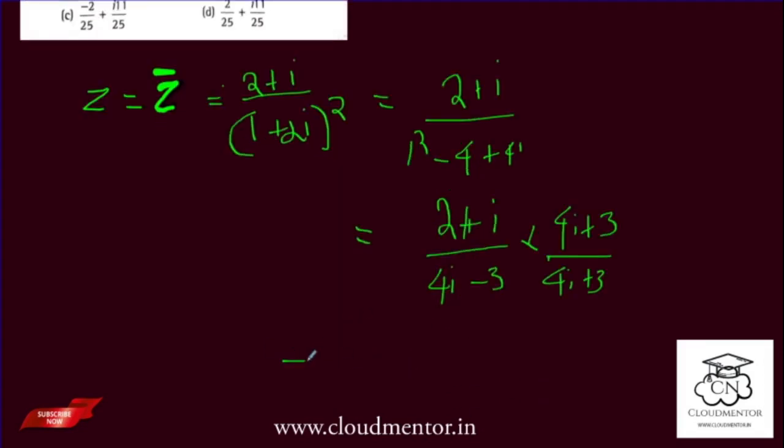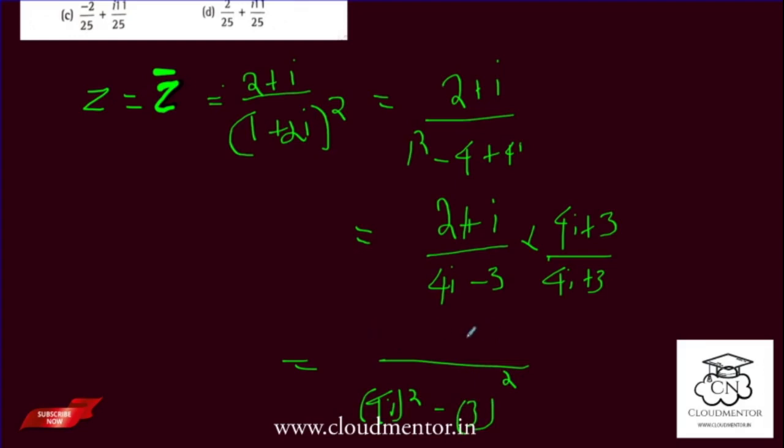By multiplying, the denominator will be (4i) the whole square minus 3 the whole square. So we get it as (4i) the whole square minus 3 square.